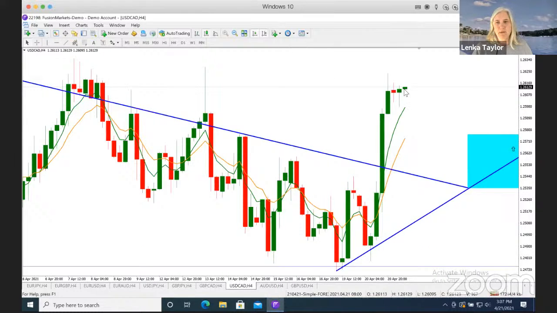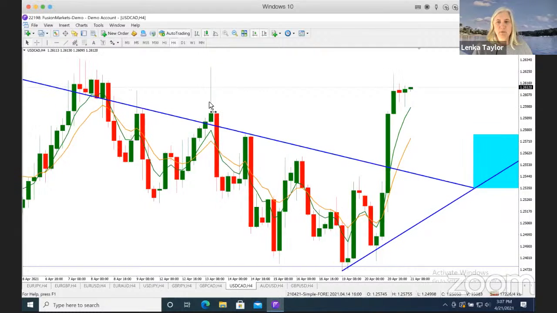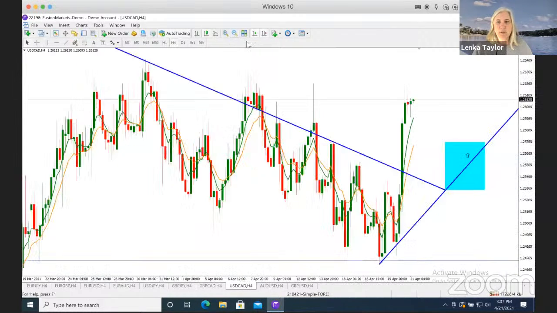So if the price goes either a bit further up and then comes back or just comes back to the trend line, then I'm looking for a long there. Looking for a long on USD Cad.